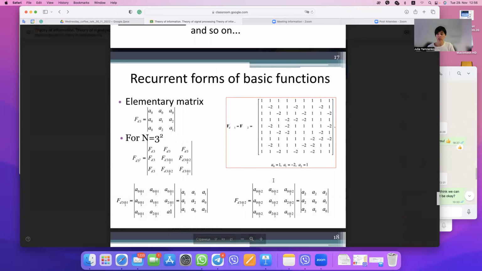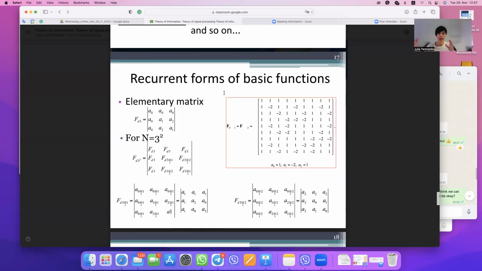And also there is one more advantage, that is the existence of the recurrent form of the basic function, like it was for the Hadamard transform, when we were able to construct any dimension of the Hadamard matrix by the elementary matrix.